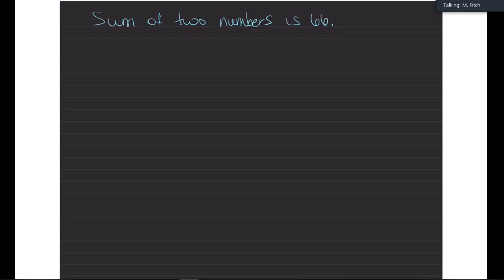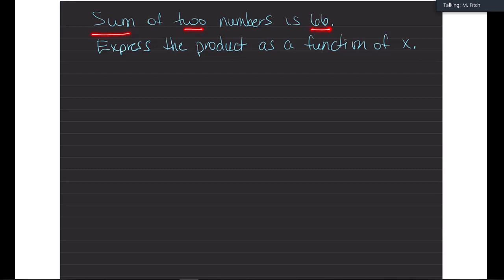And we also want to be able to express the product as a function of x. So we know that when we add the two numbers together, we get 66. But they want us to then write the product, which is multiplying. We want to multiply those two numbers together, but we only want the variable x in our problem.